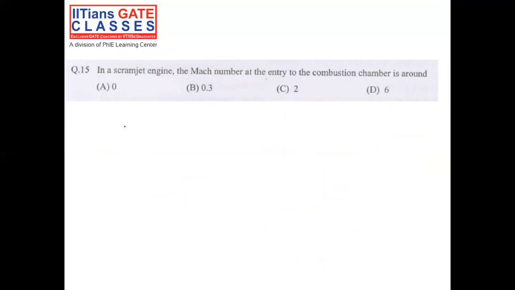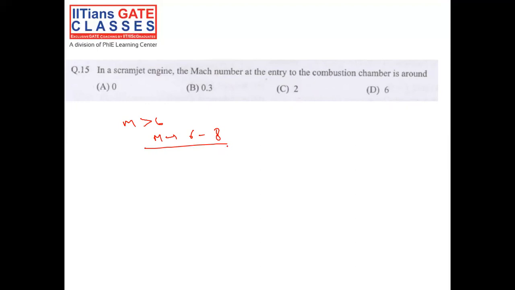This engine operates at a Mach number greater than 6, for Mach number 6 to 8, and at the inlet the flow enters at a Mach number 6, and then it encounters the diffuser where the compression takes place and the velocity decreases.